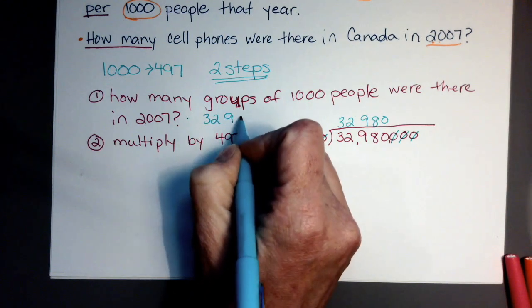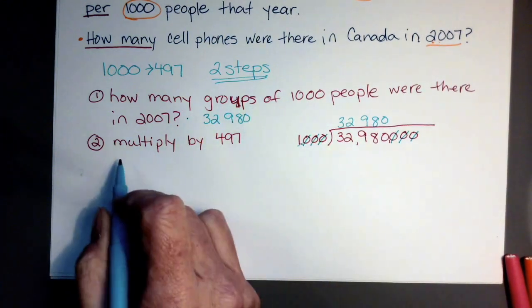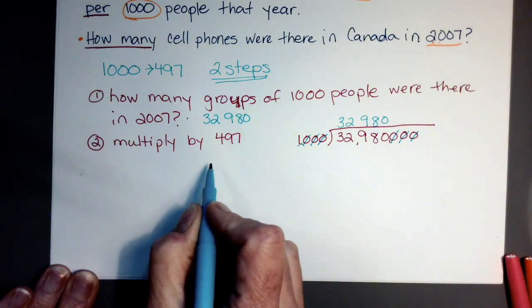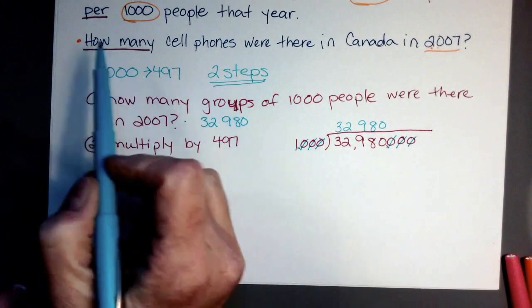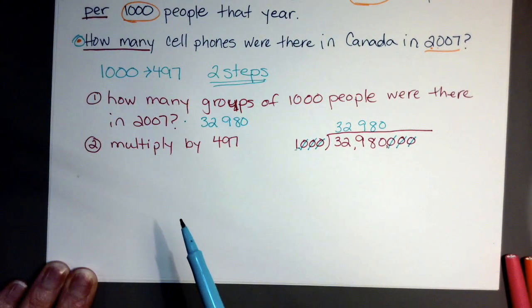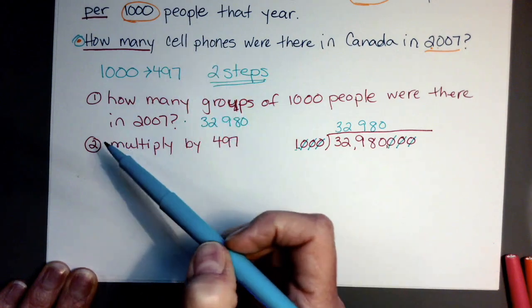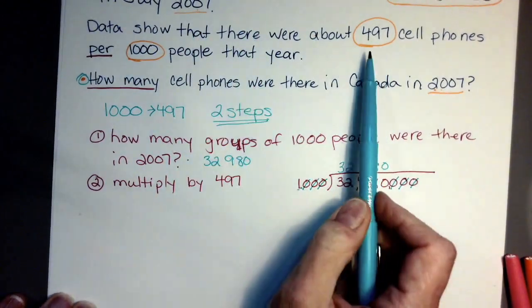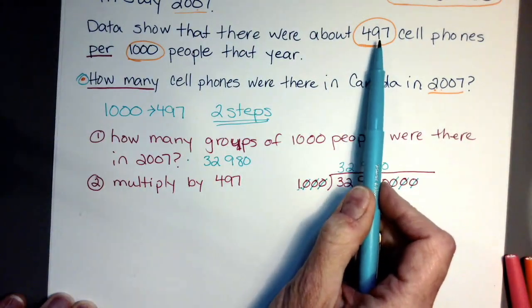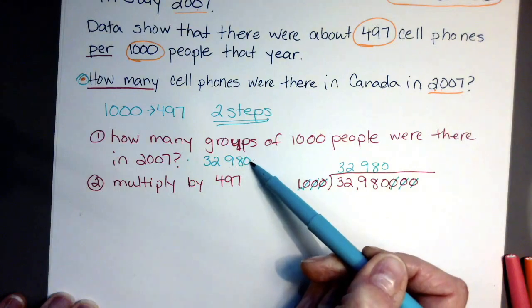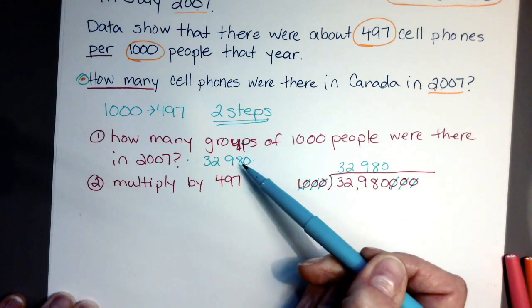And the answer is 32,980. So now I know my next step, because I thought about it before when I was thinking about this word problem, to get the answer to how many cell phones were there in Canada in 2007, I have to multiply the number of cell phones per 1,000 people, which is 497, by the number of groups of 1,000 people that there were in Canada in that year.